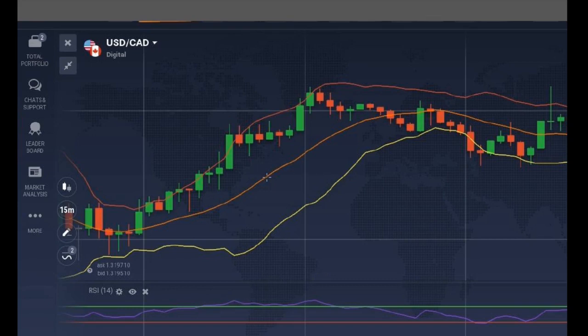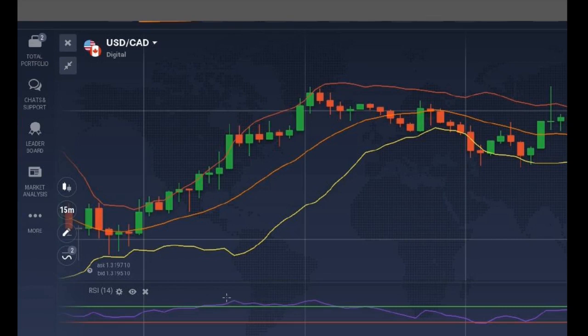You can see the higher high on the candlestick chart is not producing a higher high on the RSI chart. You can see over here and over here. The chart is clearly indicating a higher high, but the RSI chart is indicating that the momentum is not going higher.